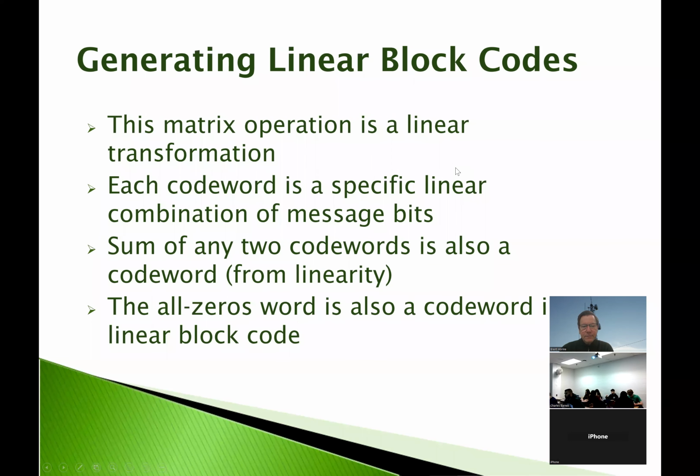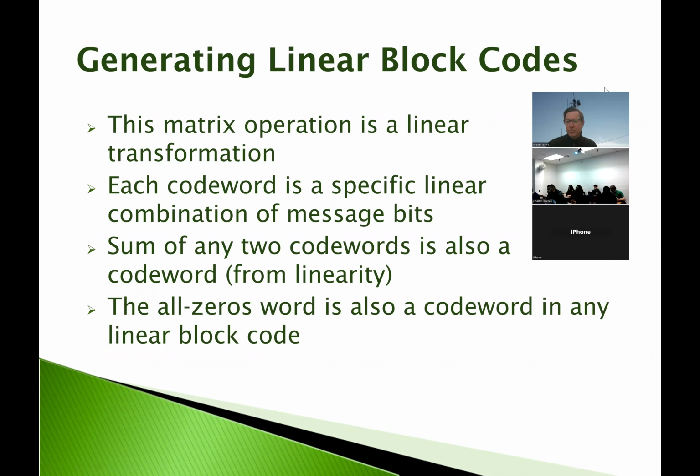The sum of any two code words is also a code word, from linearity. And the all-zeros code word is also a code word in any linear block code. So these are just some concepts. We're not going to prove these because we're trying to squeeze all this into 1 or maybe 1.5 lectures, but these are just some concepts to keep in mind.